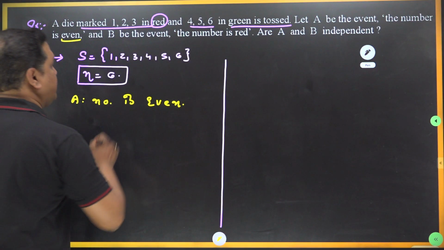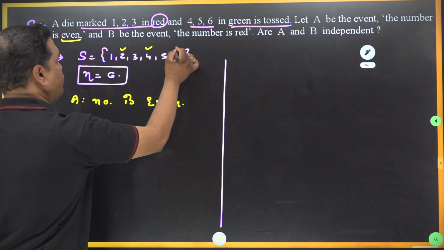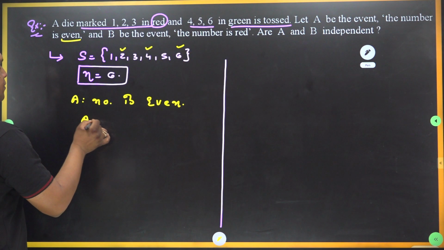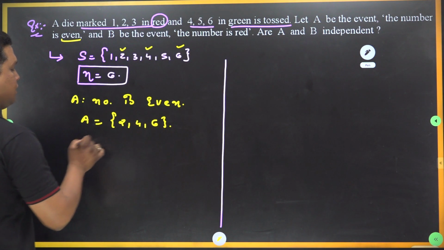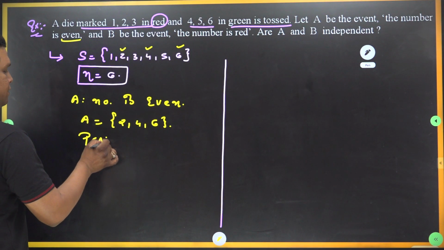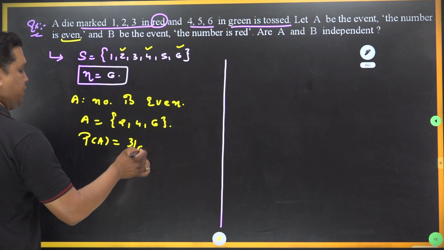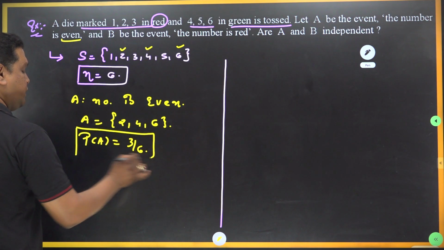So which are the even numbers? 2 4 6. So P of A, that is 3/6. That is event A.